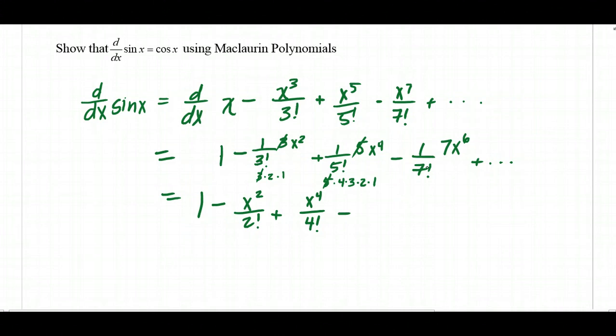Now hopefully you can see the pattern that this 7 factorial will turn into a 6 factorial because the 7's will cancel, and then I have my x to the 6th on the top. So there's my alternating representation of the cosine Taylor series. So the derivative of sine, which we just showed using Maclaurin polynomials, or Maclaurin series, Taylor series, is exactly cosine x.